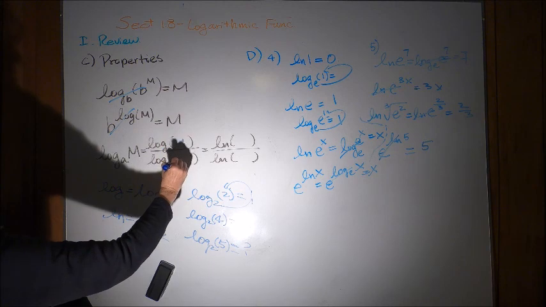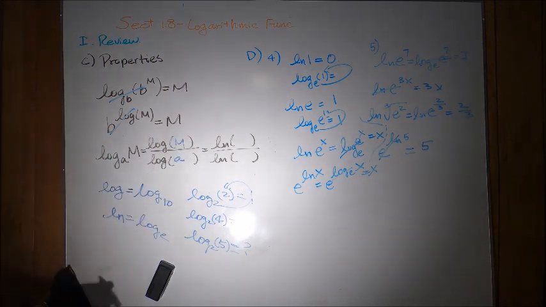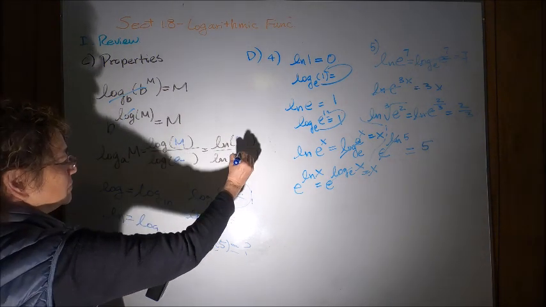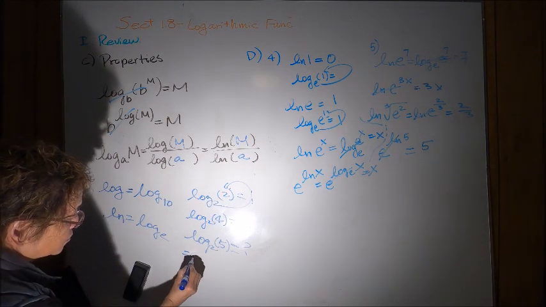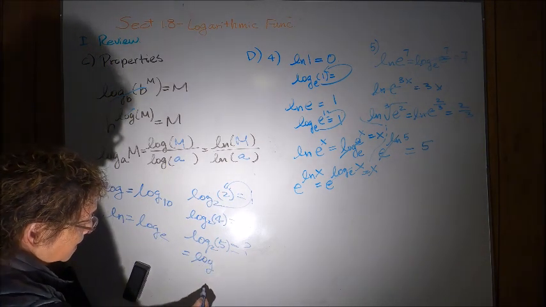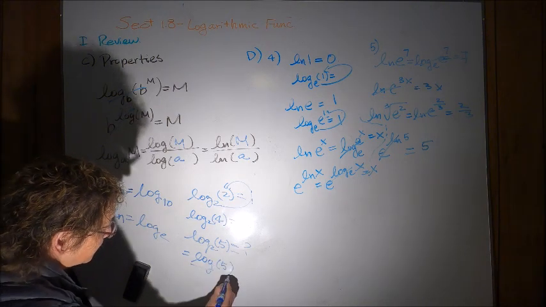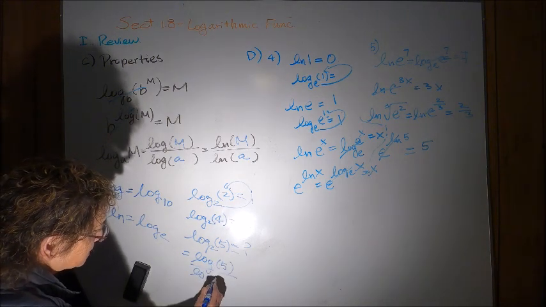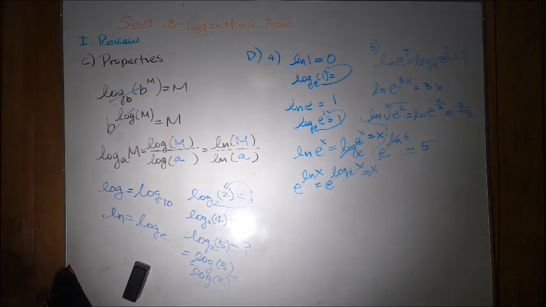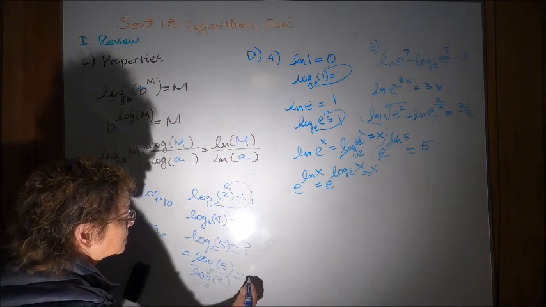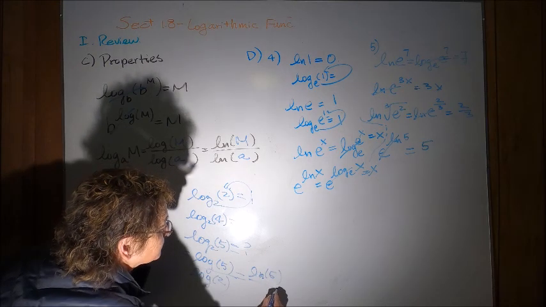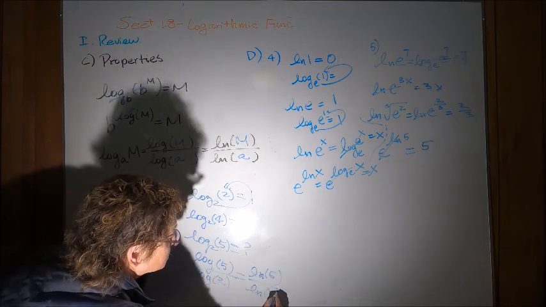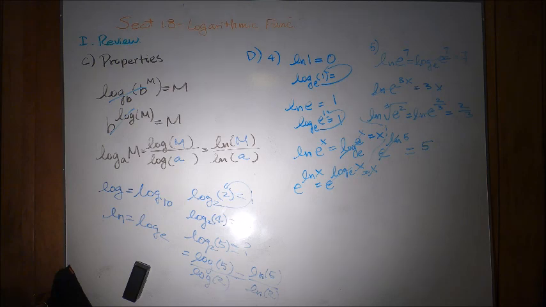It's the same thing as log n over log a, or natural log n over natural log a. So this way you punch into the calculator log 5 over log 2, or you can use natural log 5 and natural log 2 to do that.